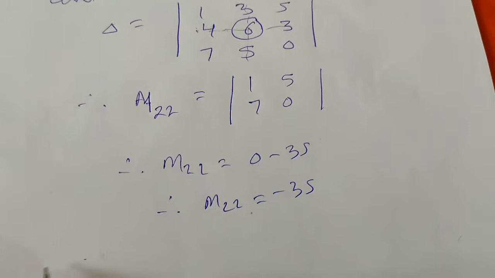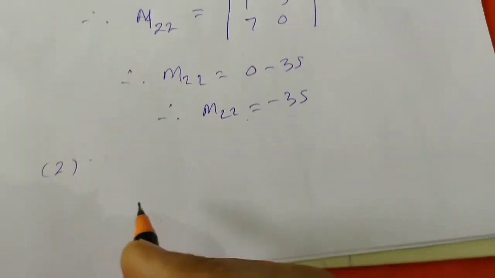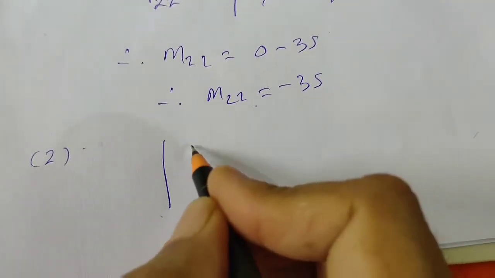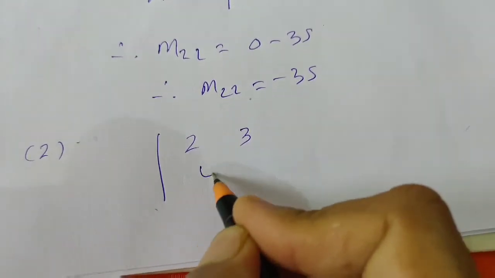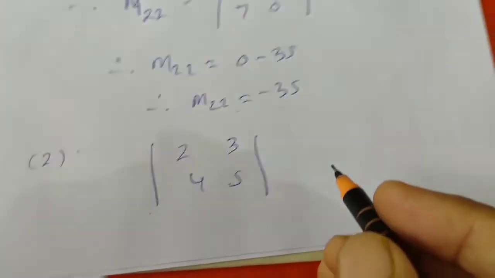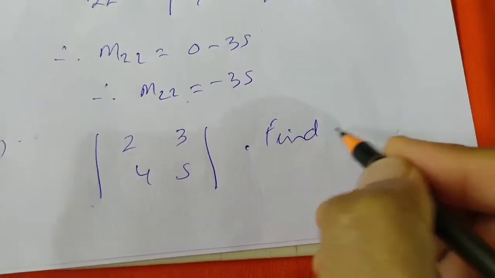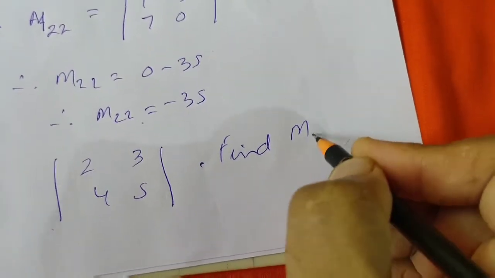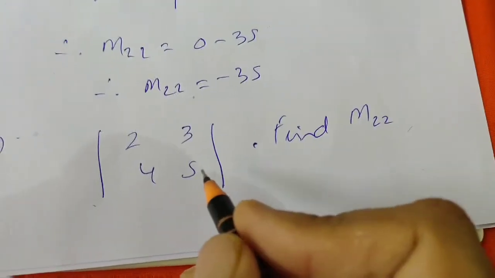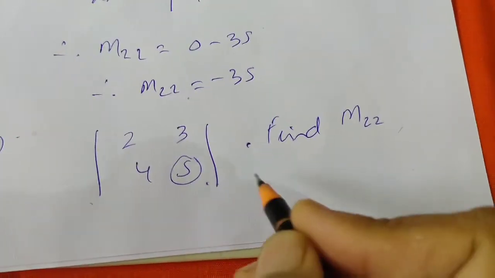Now let us take one more example. Suppose I take example number 2. This is of order 2 cross 2, with elements 2, 3, 4 and 5. The question is: find M22. How can we find the solution?